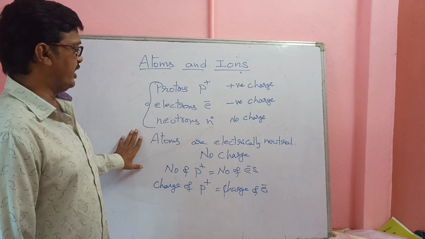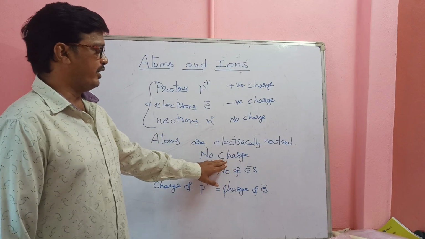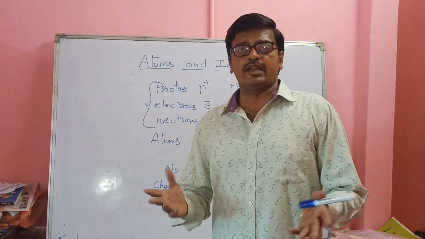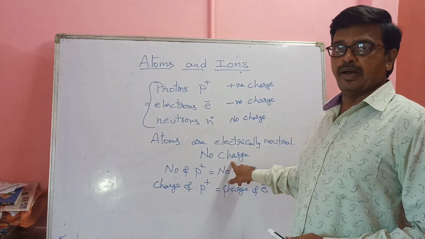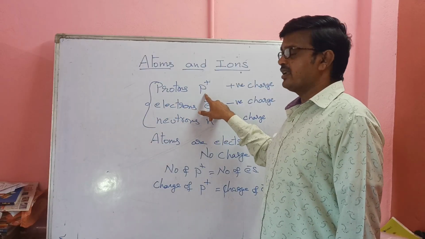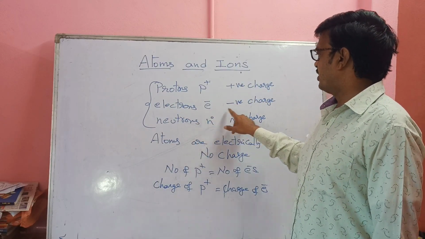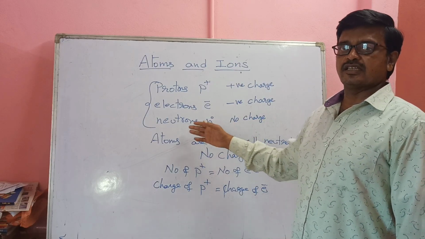Atoms are electrically neutral. They don't have any charge. But we have studied that atoms contain protons, which have positive charge, electrons, which have negative charge, and neutral particles, neutrons.